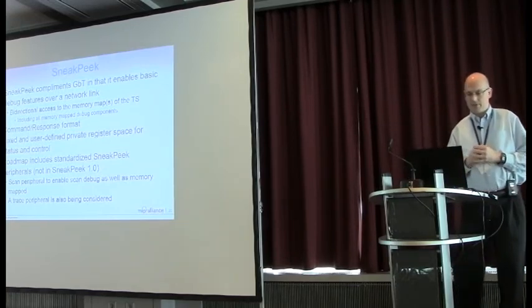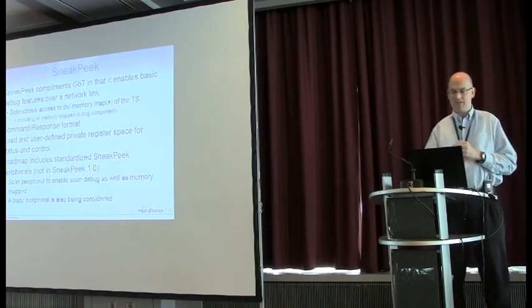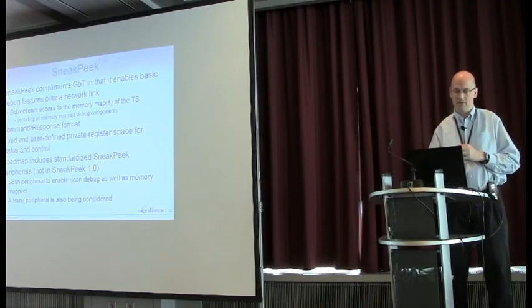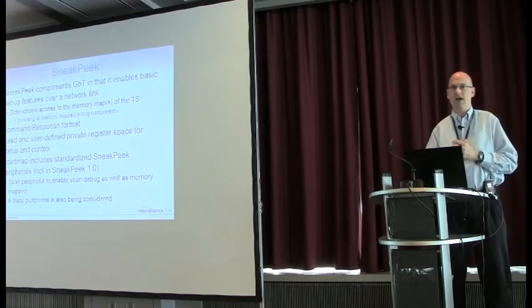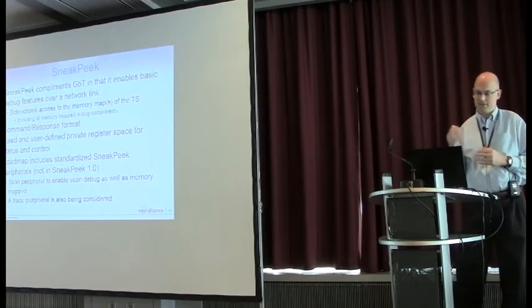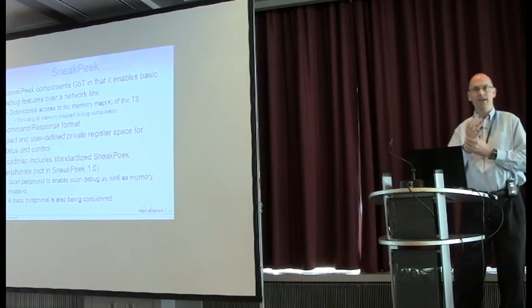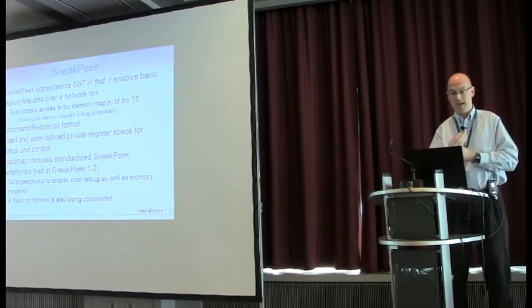Our roadmap for this includes some standardized SneakPeek peripherals that are not defined in SneakPeek 1.0. One primary peripheral on our roadmap is a scan-based peripheral, because we still have scan-based debug elements within a system, and SneakPeek right now is about memory accesses.